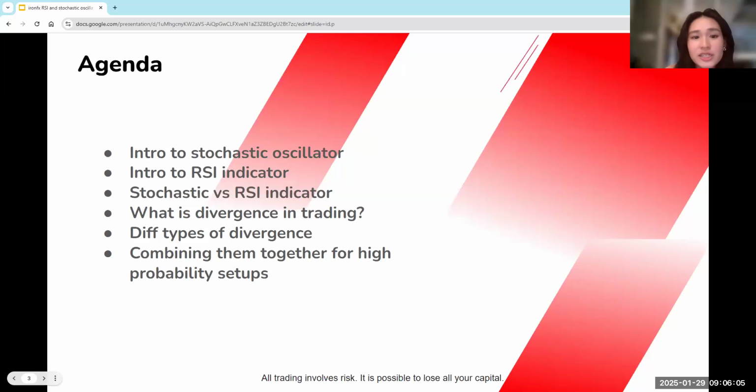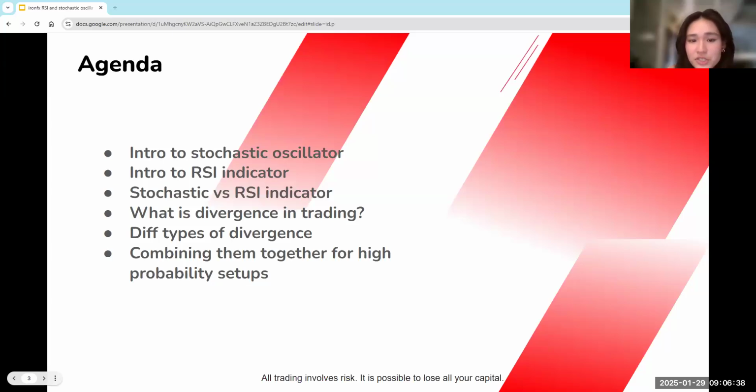But I will touch a little bit on how to set up a trading journal at the end of this session, just in case you were here for that. So again, I'll still talk about the important points of how to set up your trading journal at the end of the session. Okay, for today's session, we are talking about the RSI and stochastic oscillator indicators, and this was highly requested by you guys last week. So we'll go ahead and start.